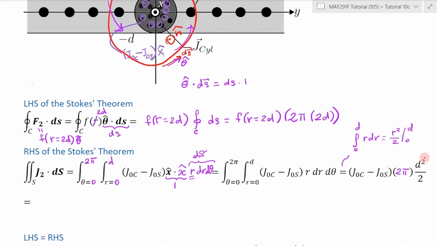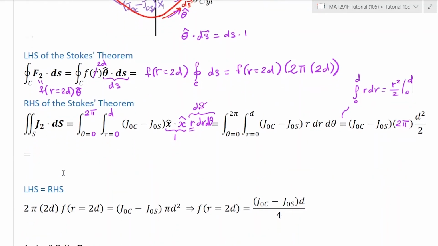And this is what I wrote here. D squared over 2 is what you get. And then also we can cancel a bunch of things. You see there is this 2 here and 2 here. Then we get J naught c minus J naught s, pi d squared.